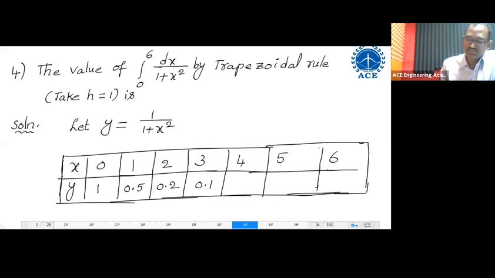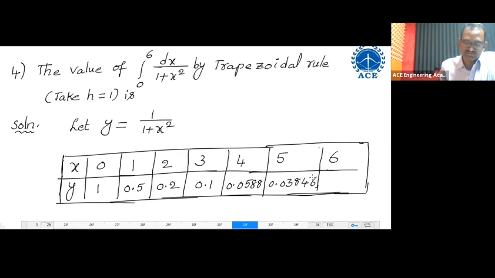0.0588. Calculator is always in radians only. For 5 it is 0.03846.